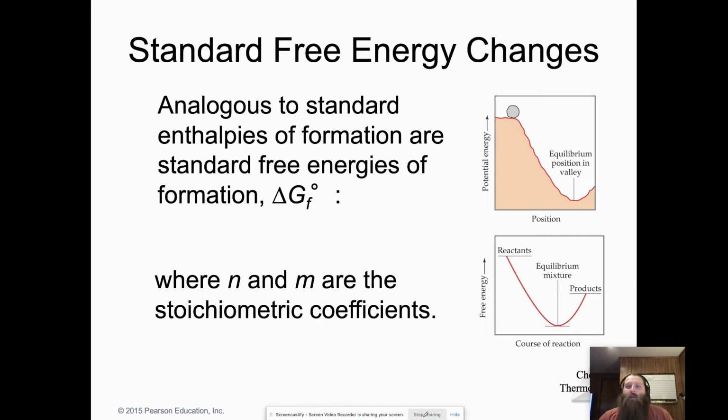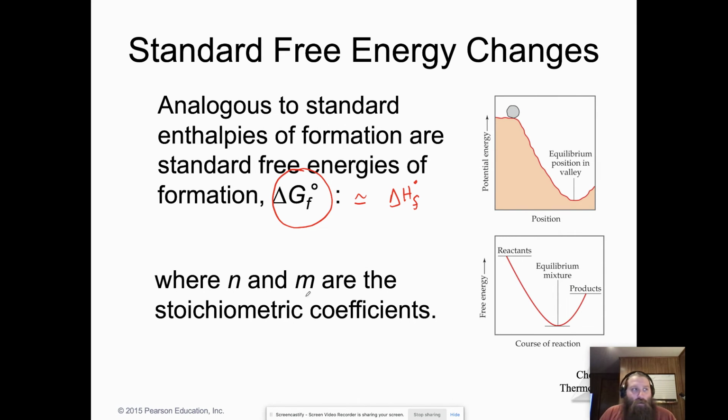Now, when we look at standard free energy changes, we're basically going to look at those in the same terms as we did standard enthalpies of formation. So instead of the H, we're putting a G in there, but this is analogous to delta H_f prime. Okay, so we're going to put the little analogous sign there.